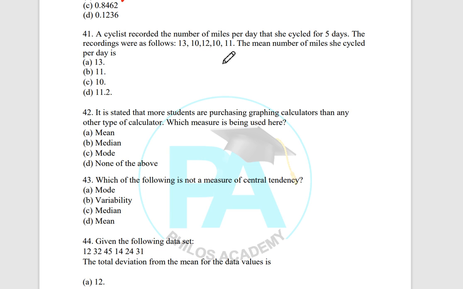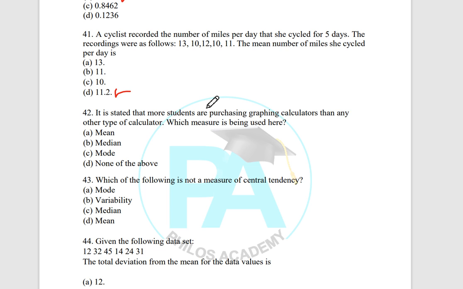So let's see. 13 plus 10 is what? 23. Plus 12 is what? 35. Plus 10 is what? 45. And plus 11, that's 56. And 56 divided by 5 gives you what? I think 11 point something. Check it out. Okay, the correct answer is D, 11.2.